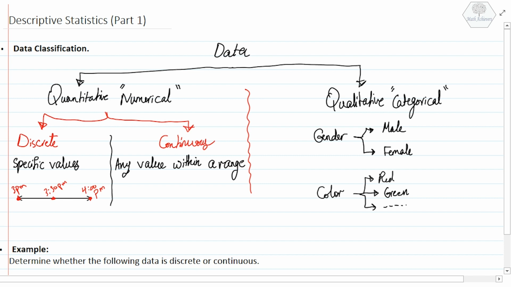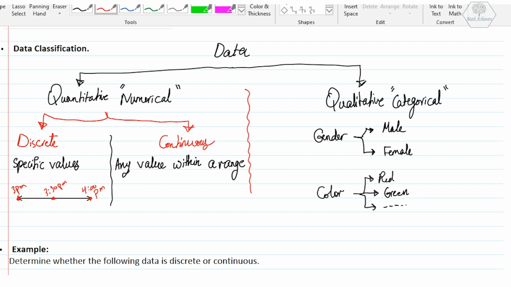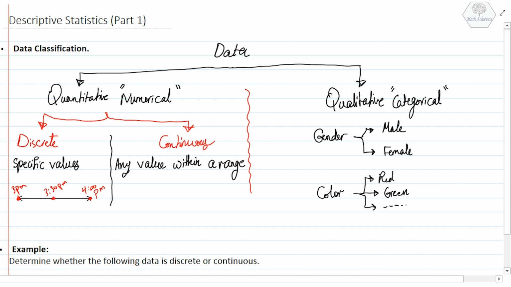If this example will be a continuous, then the example will be as follows. The bus will arrive at any time between 3 to 4 p.m. So this will be continuous because it can take any value within a range.